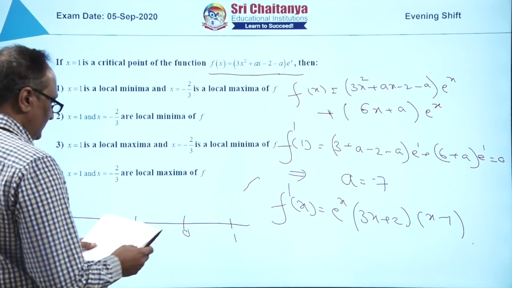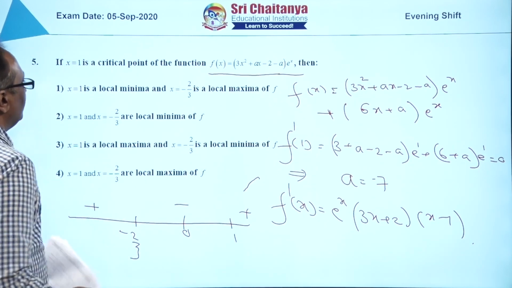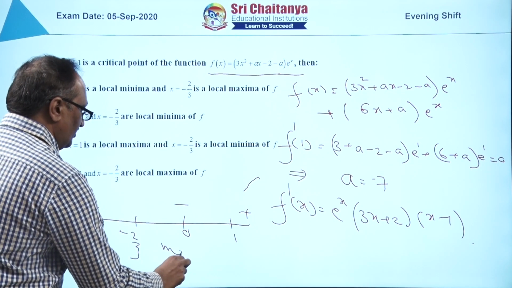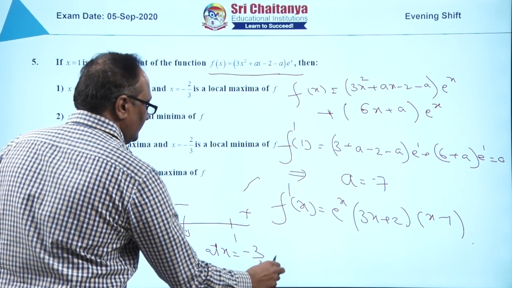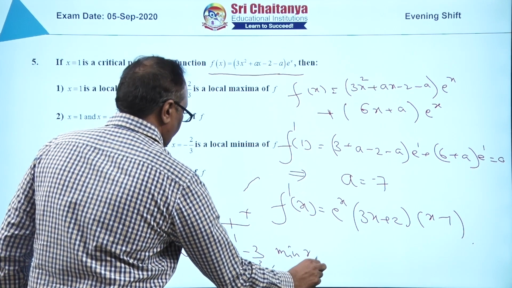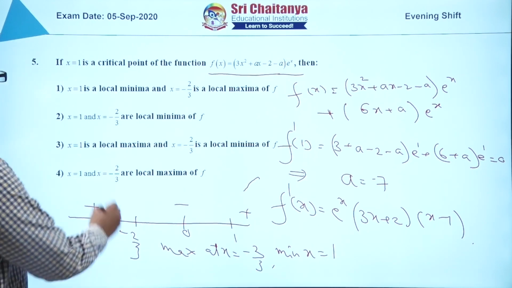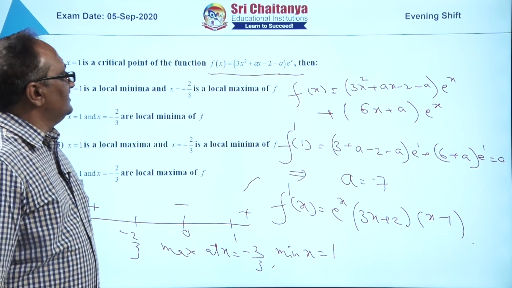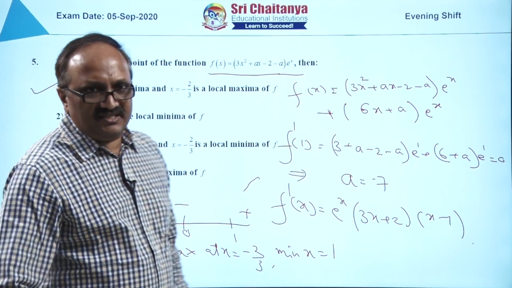The value is positive in this region, negative in this region, and positive here. So, the function has a local maximum at x equal to minus 2 by 3 and a minimum at x equal to 1. So, x equal to 1 is a local point of minima, and x equal to minus 2 by 3 is a local point of maxima. With that, we can observe the first option is the answer.